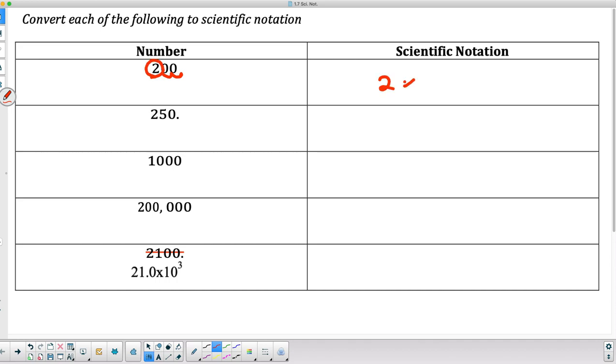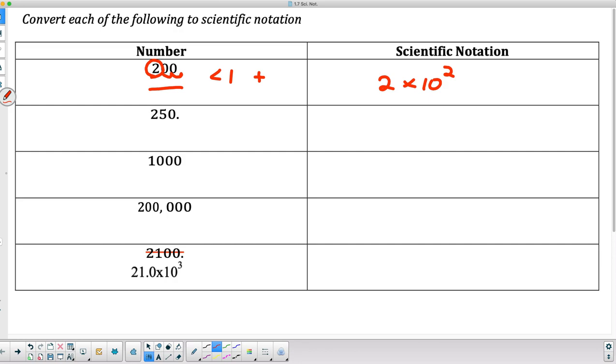So I have my 2 times like that. And because I moved two places and my number is larger than 1, that means that my exponent 2 is positive. That is literally all you have to do to convert a number into scientific notation. Because my number is larger than 1, it's a positive exponent, and I move two places to get the decimal point right after the number 2 in the number 200.